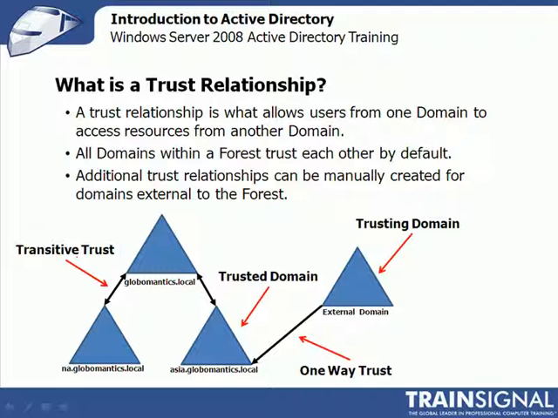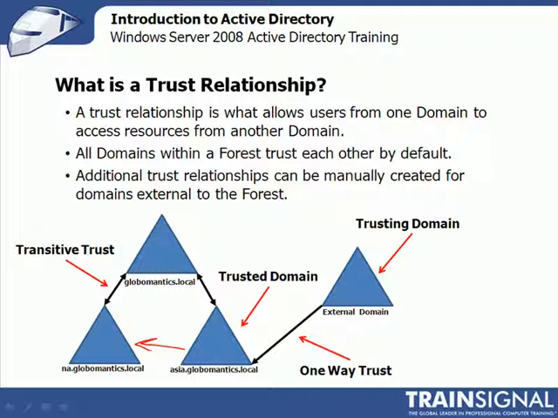Transitive means that because globalmantics trusts North America and Asia trusts globalmantics, well, through transition, although you don't see anything drawn on the diagram here, Asia actually trusts North America.